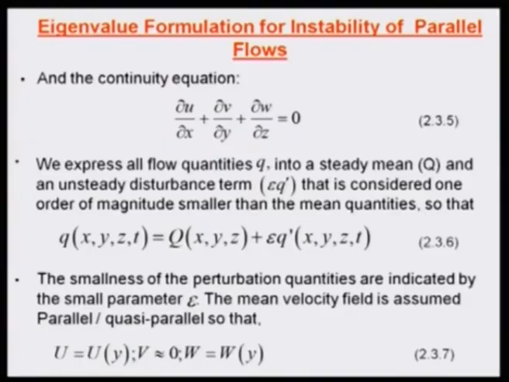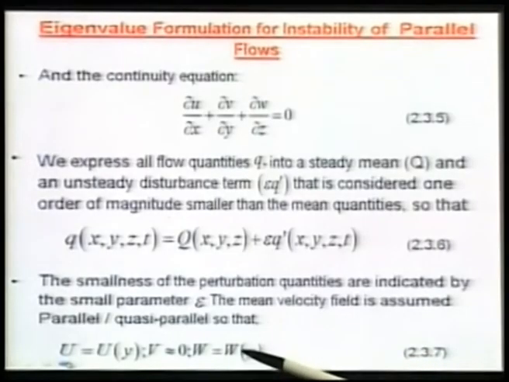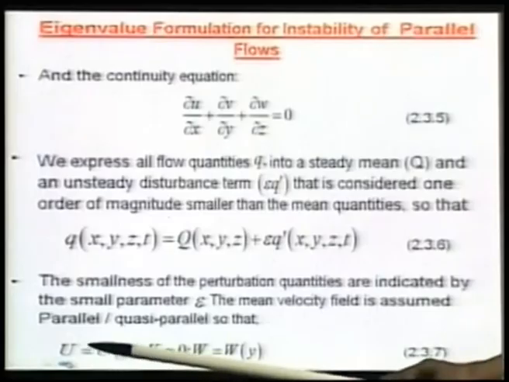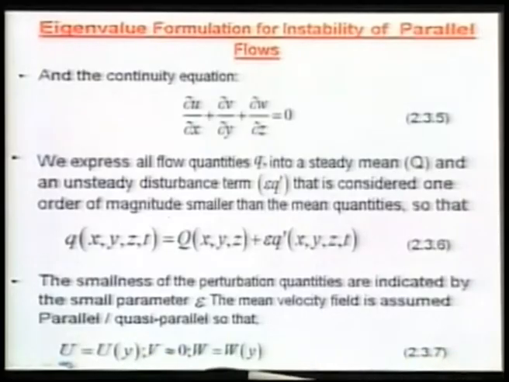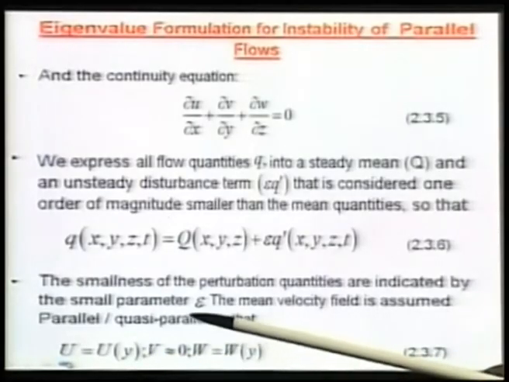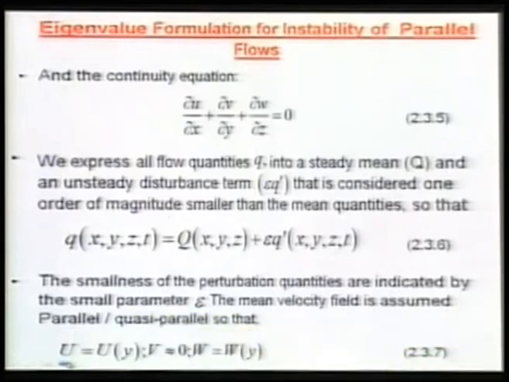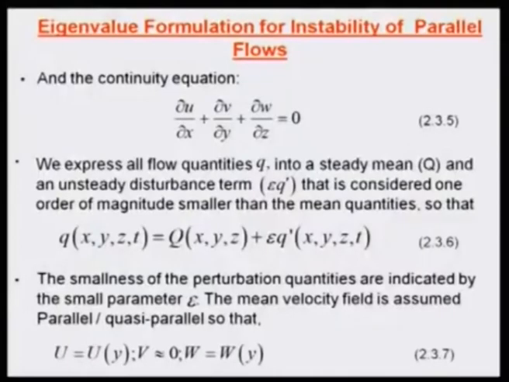At this point in time, let us just simply appreciate that for the parallel flow approximation to hold, we will make capital U a function of y, capital W a function of y. Such an assumption is called the parallel flow approximation or quasi parallel flow approximation. Because what happens when we have a boundary layer, it is quite sacrilegious to talk about no growth.